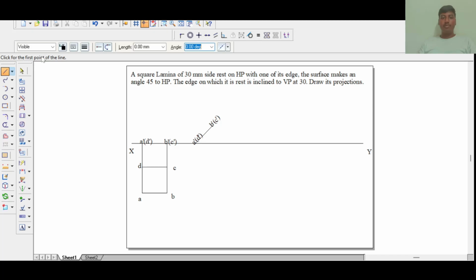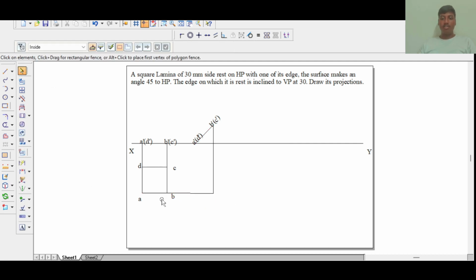And then take normal lines and then from B dash C dash project downwards and give the angle as minus 90, and then draw until B, and we can see a reference line when the cursor is at corner B, and then place it.